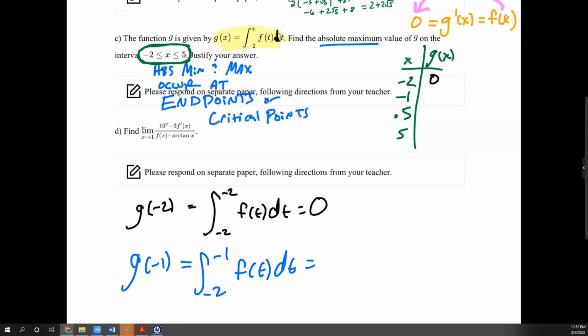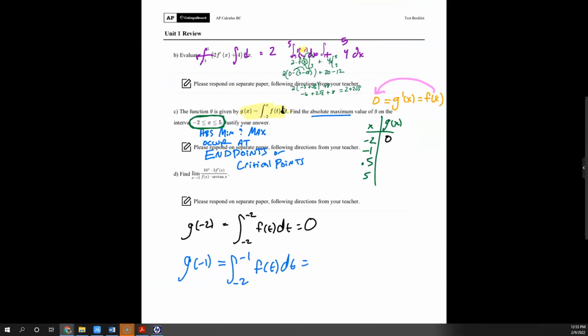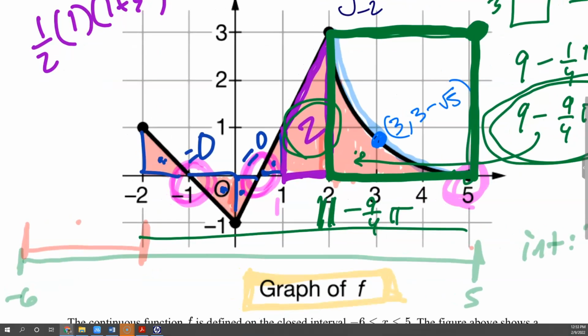What does that mean in English and not calculus words? You don't know what the integral from -2 to -1 of f of t dt means? The area of the curve between -2 and -1, right? What's the area of that?